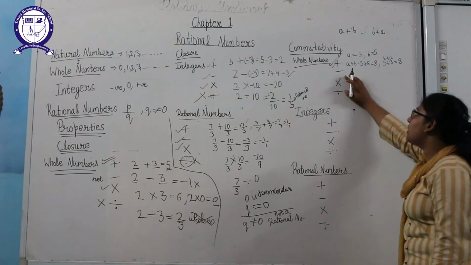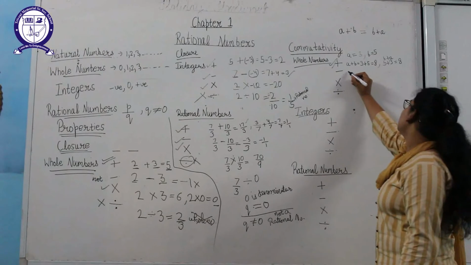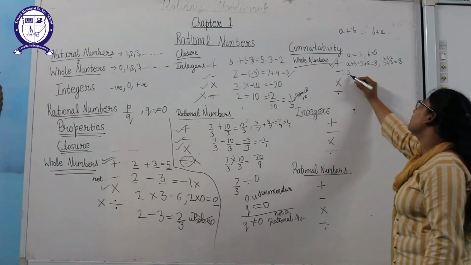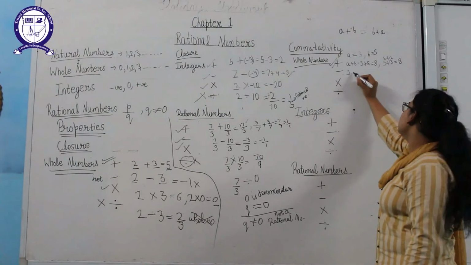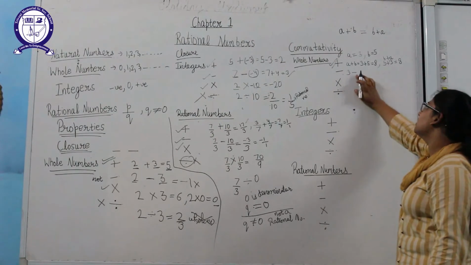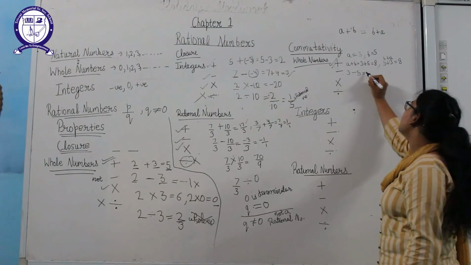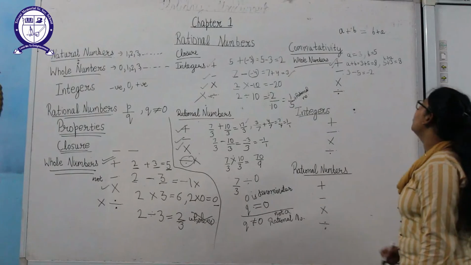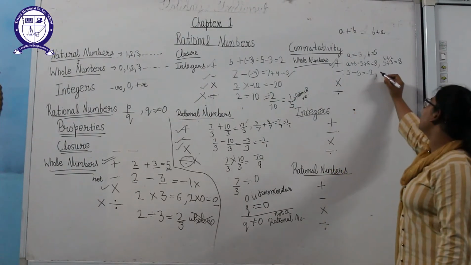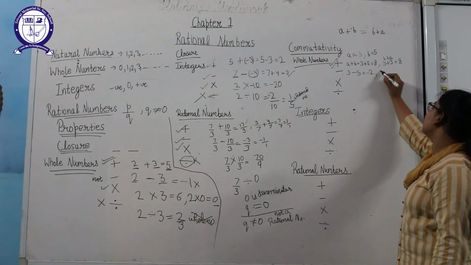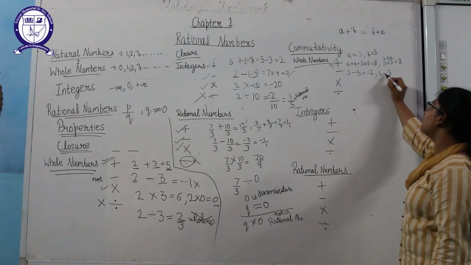Okay, now we will talk about subtraction. We are again taking these numbers. We will put in the place of A 3. Now we are subtracting the terms, so we will put the minus sign. Then we will take B as 5, and we are getting minus 2. And what about B minus A? 5 is B and 3 is A, and we have to subtract.